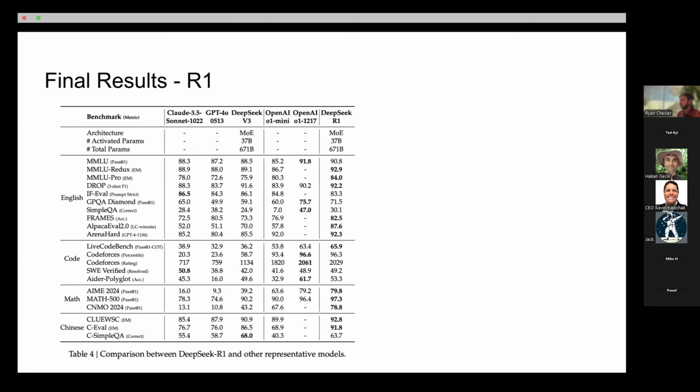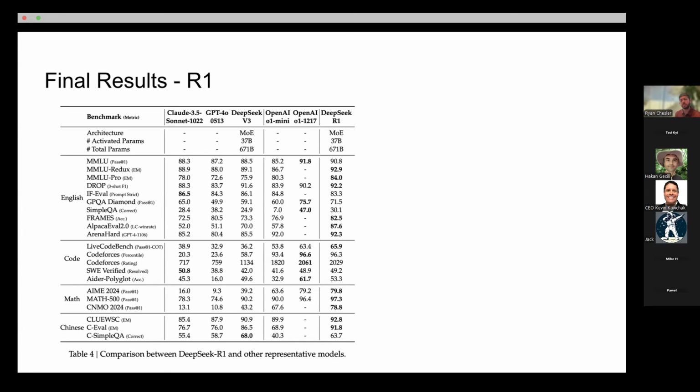And those themselves come as a result of the GRPO architecture methodology that you talked about. So is that how it works?